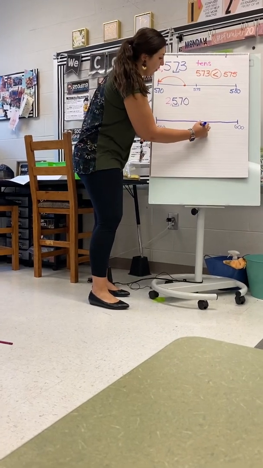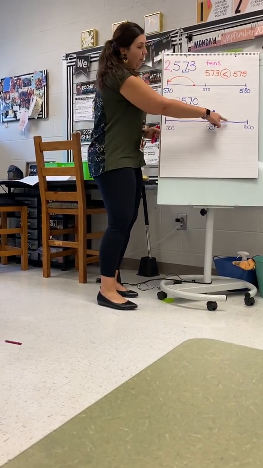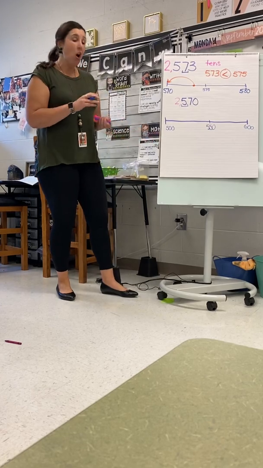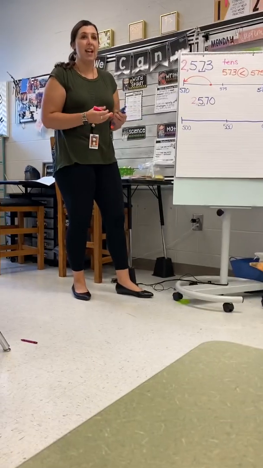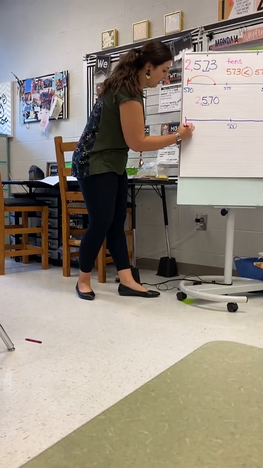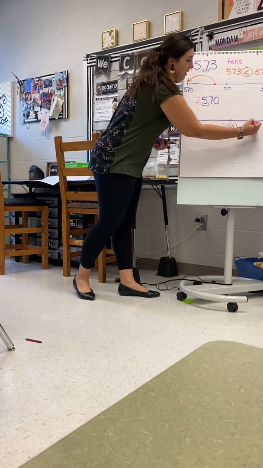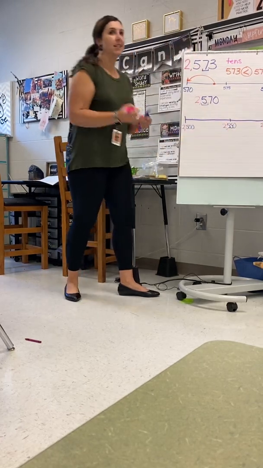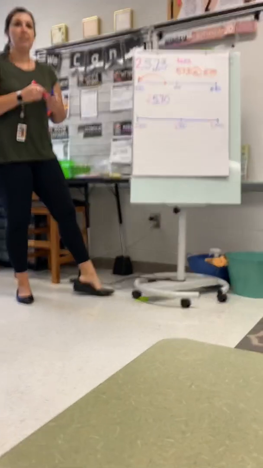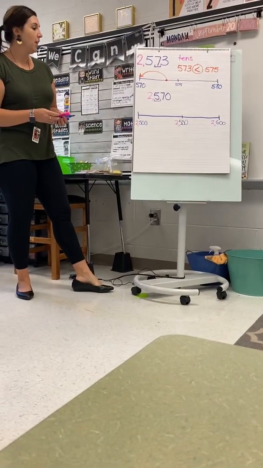Okay. So 550 would be in between 500 and 600. And then she's already knowing that she just has to add her 2,000 on to all of these because we really are dealing with 2,000, not just hundreds.